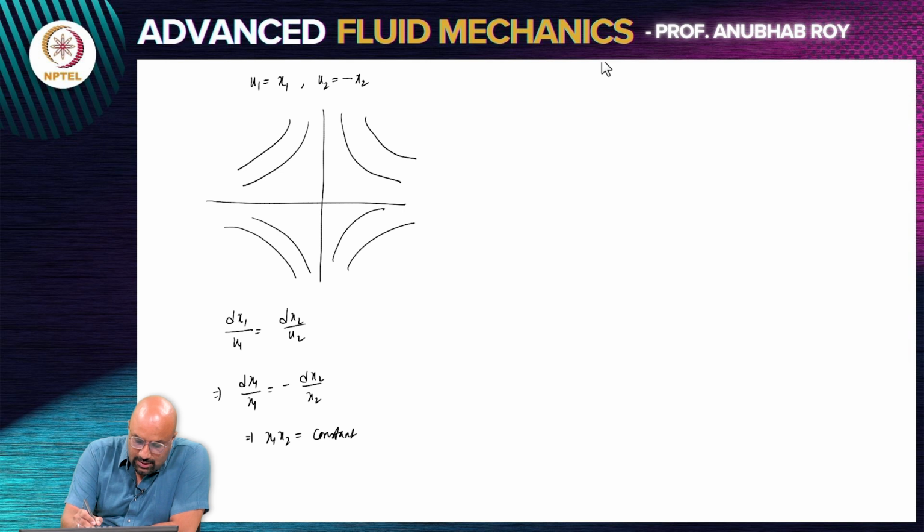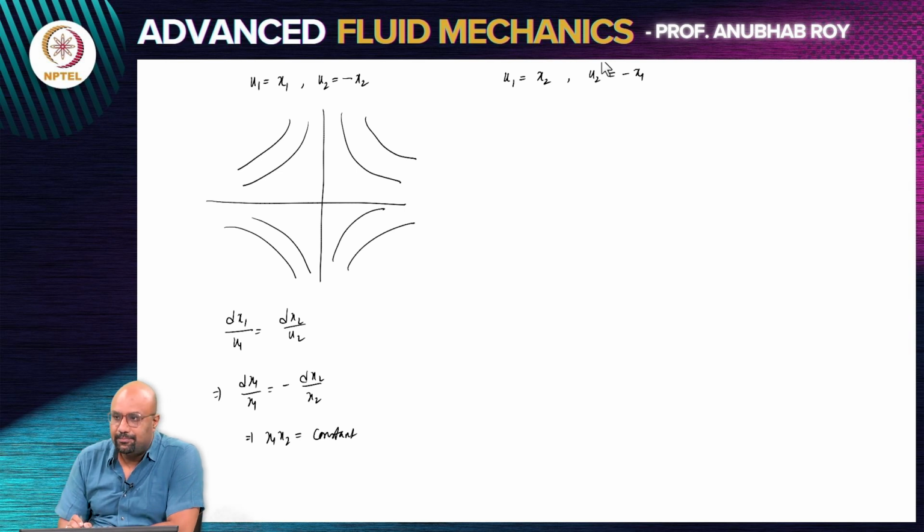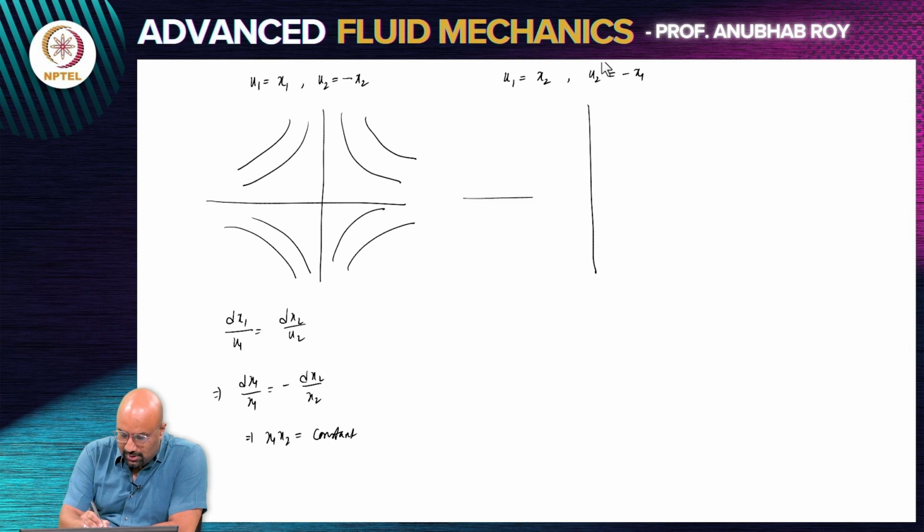We'll take another example. So the x component right now is x2 and the y component is minus x1. So once again, to sketch the streamlines, we write down the equation for streamline. So u1 is x2 and u2 is right now minus x1.